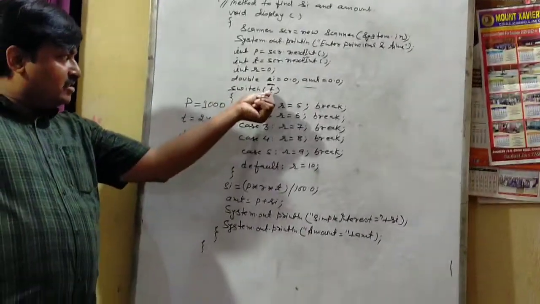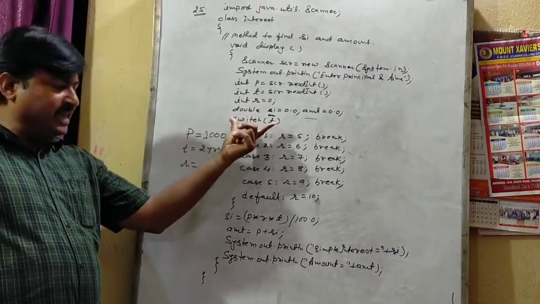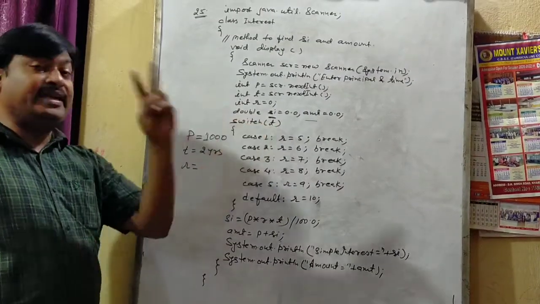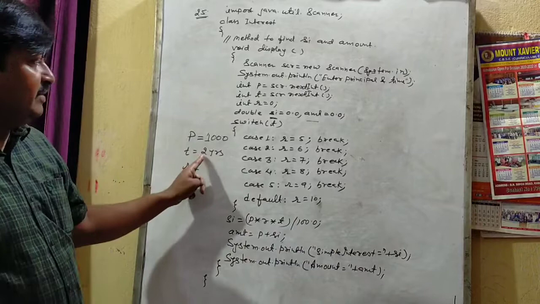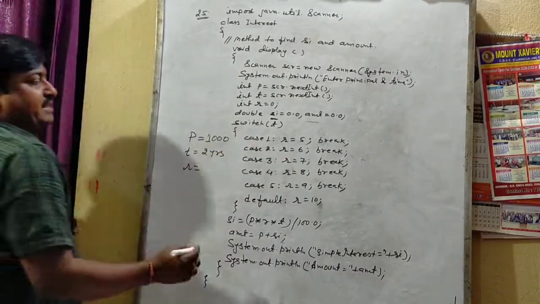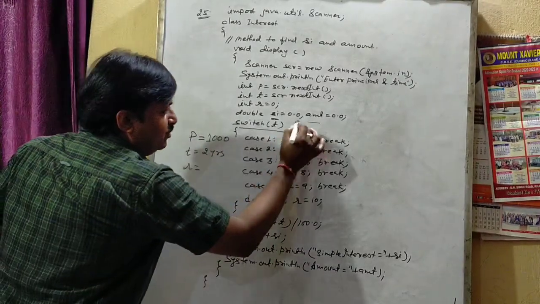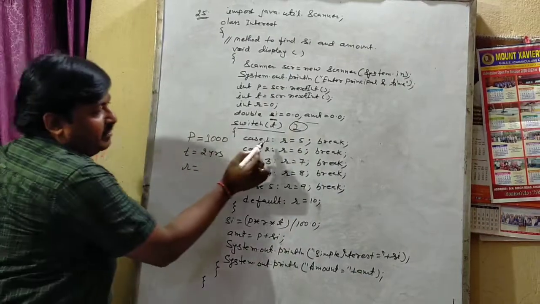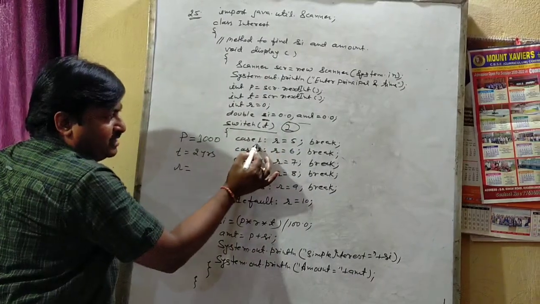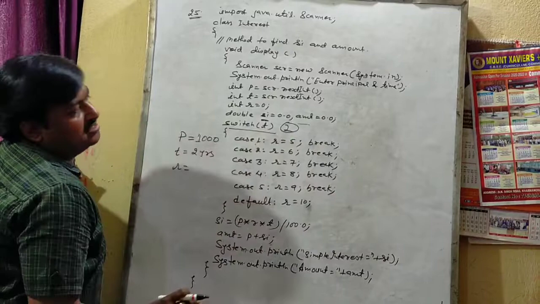We will put the T inside a switch, therefore the expression of switch will be 2 because the value of T is 2. It will compare this value with the case constant 1, it is not matched.